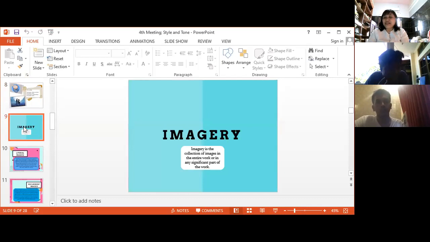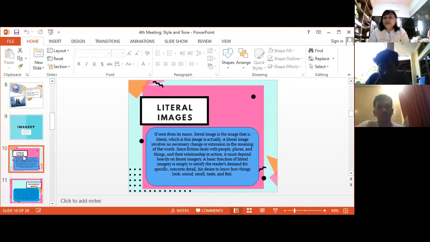Imagery. Imagery is the collection of images in the entire work or in any significant part of the work. Ya, imagery, image, bayangan-bayangan yang ada di dalam karya. Literal image is the image that is actually literal. It involves no necessary change or extensions in the meaning of the words.